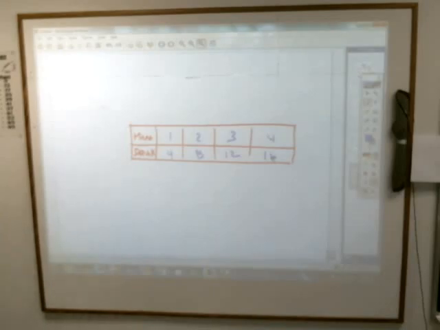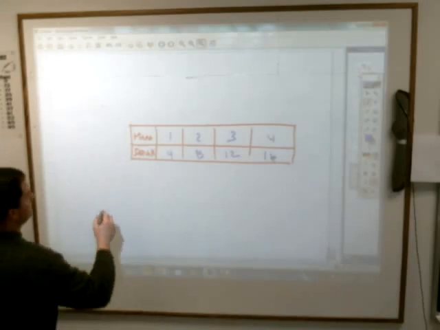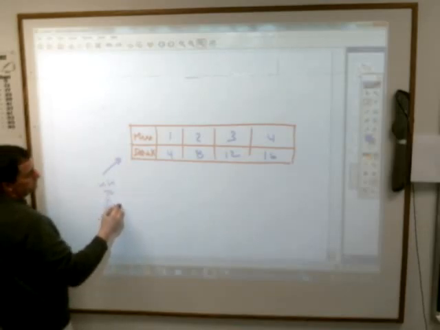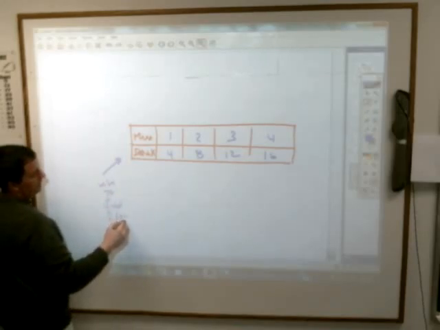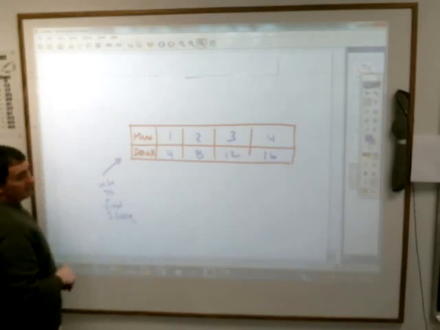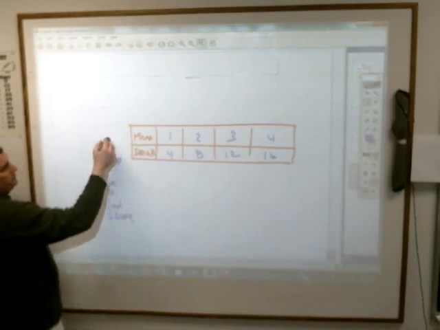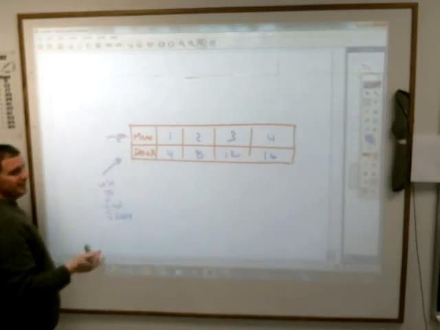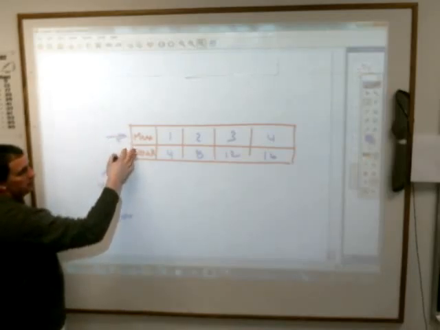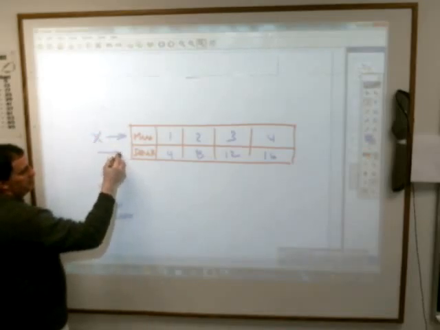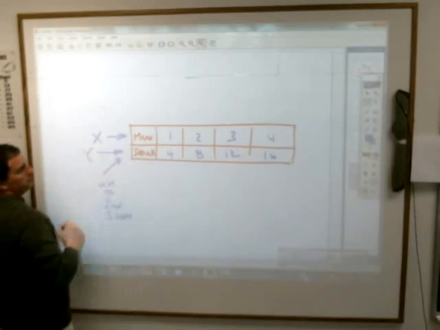Okay, and they ask you to use this table to find slope. Here is the basic gist of that. It's the same thing we just did. When you're given a table, generally speaking, the top is the x values, and the bottom is the y values.